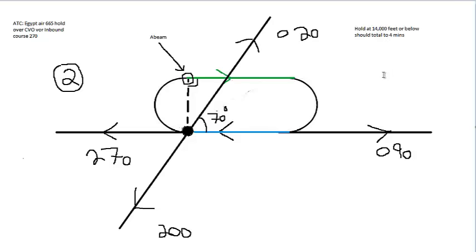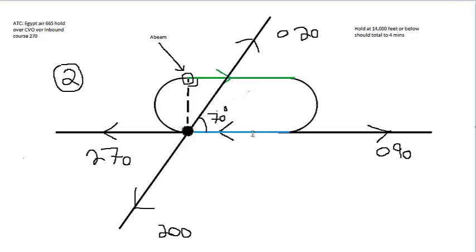Now let's see what differences there will be if we are above flight level 140, so above 14,000 feet. Above 14,000 feet, the only difference is that the green arrow, which is the outbound leg, and the blue arrow, which is the inbound leg, will be, instead of 1 minute, 1.5 minutes.